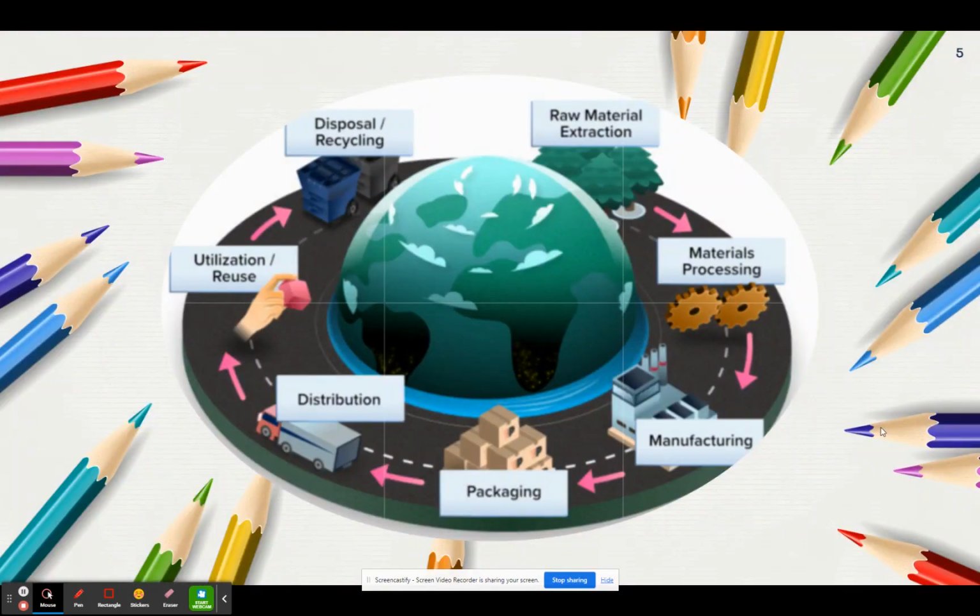So, this image that we see on this slide actually shows us all of the different methods and places that we have to analyze the impact of energy in the product life cycle. Beginning up here at raw materials extraction, that is where we actually get the raw materials, whether it be wood or oil for plastic or metal that we mine from the earth.